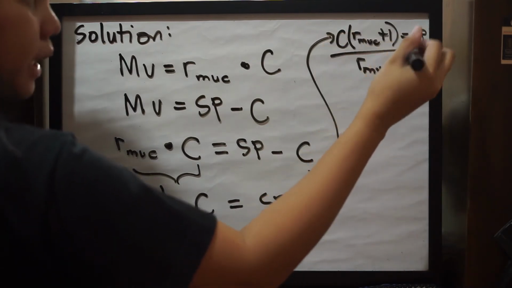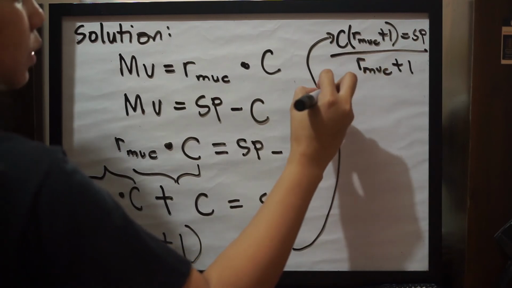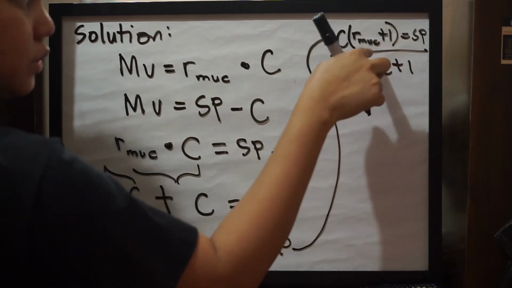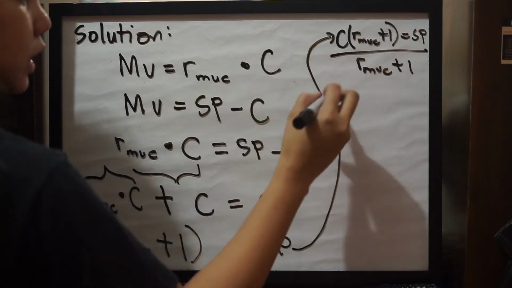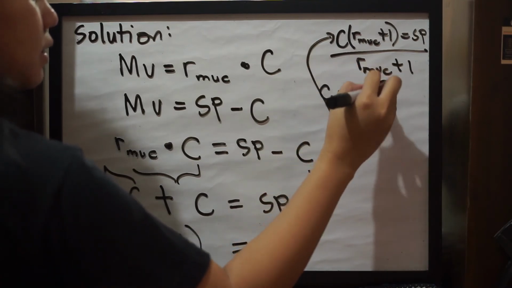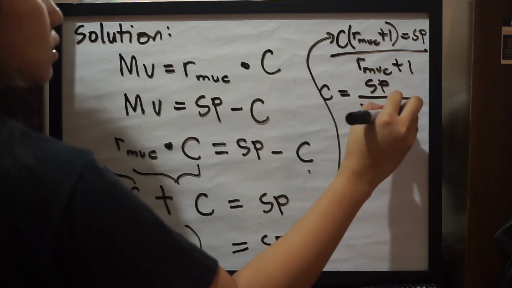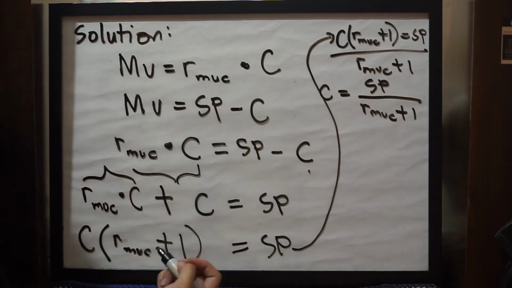Pareho yan ha. Pinag-isa ko na lang kasi wala na akong space. So, maititira dito, makakancel yung parehong term. Kaya, C na lang, tapos SP all over rate of markup based on cost plus 1.